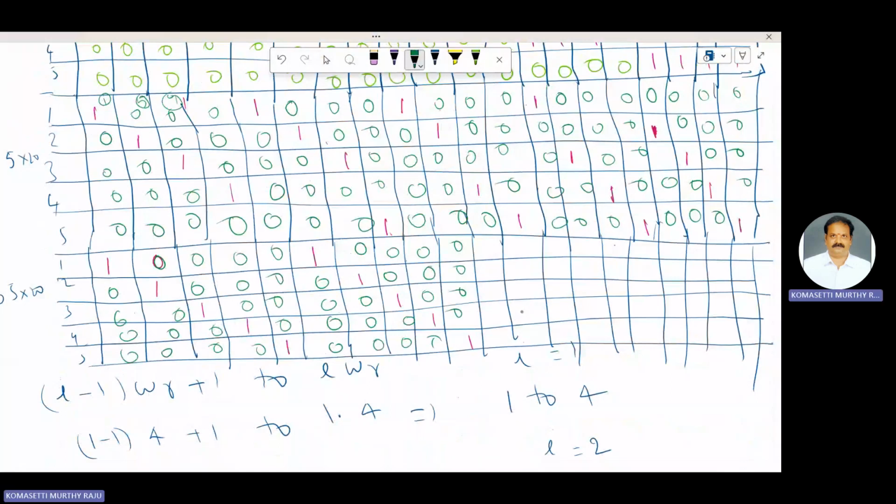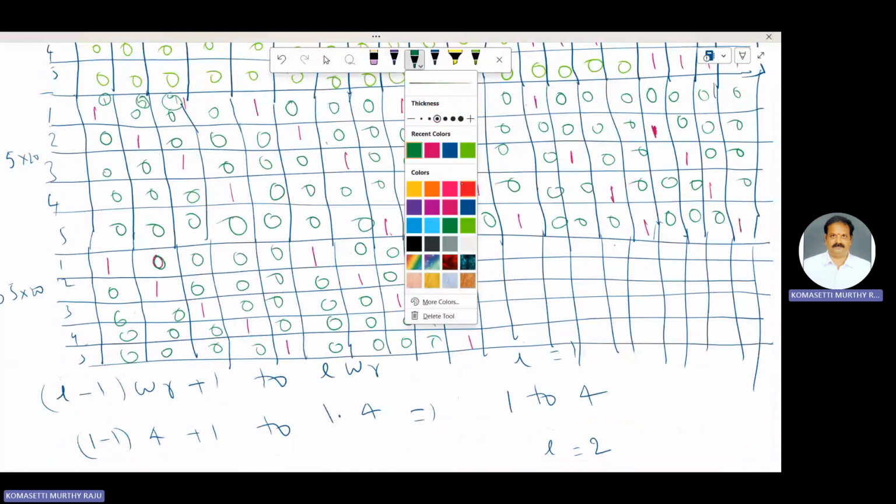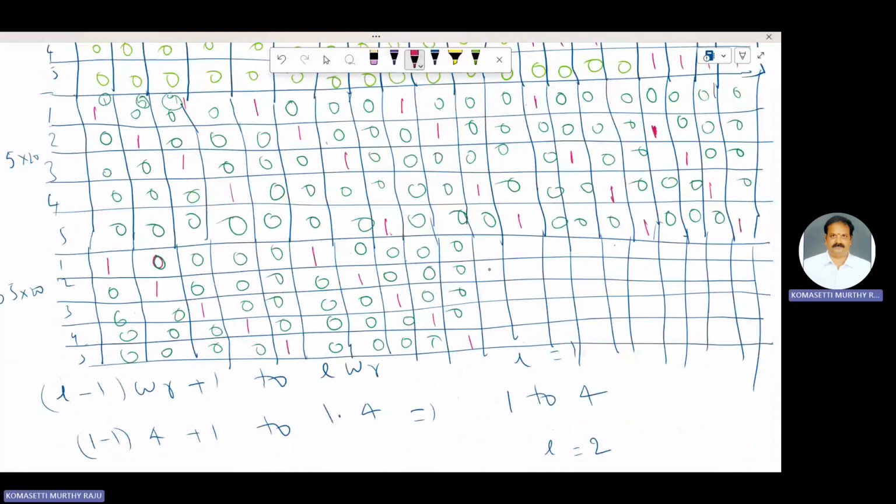10 is completed. Next one, 11. Randomly put ones here for 11. Put the second row here, 1 here. 11, 12, 13 here for the third row.